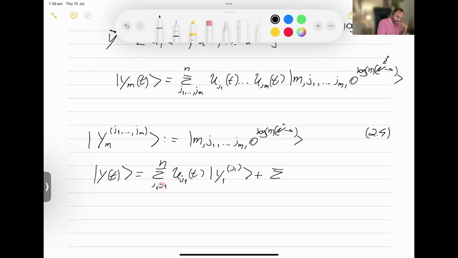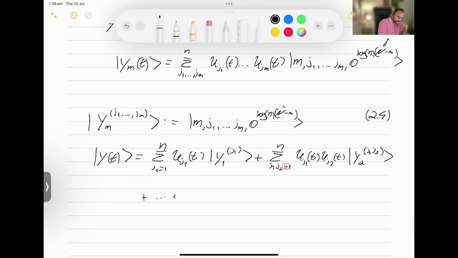And then I'll go for J1, J2, and so on until the component n, capital N.